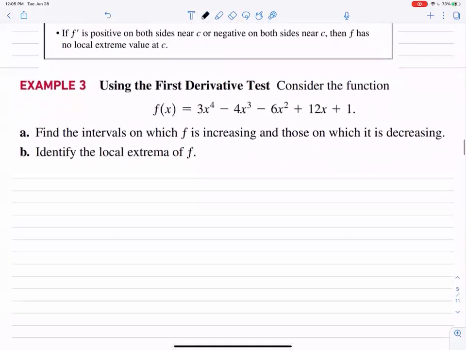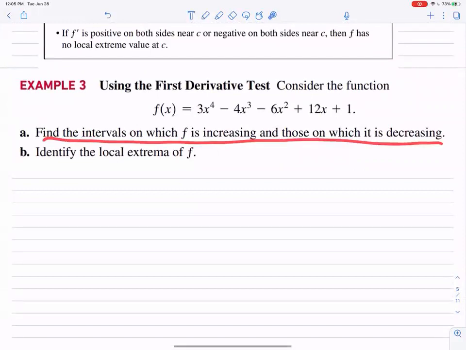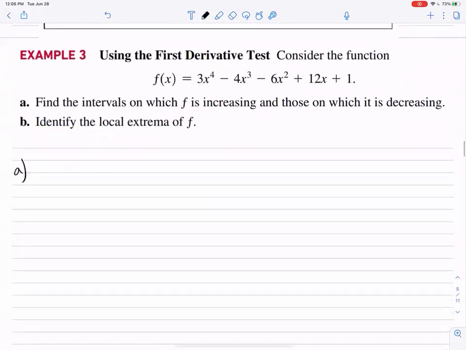So consider the following function. Find the intervals on which f is increasing and those on which it is decreasing. So that means we're going to make a sign chart. And then we're going to use that sign chart to identify the local extrema. So for part A, we're going to take the derivative. What is the derivative?